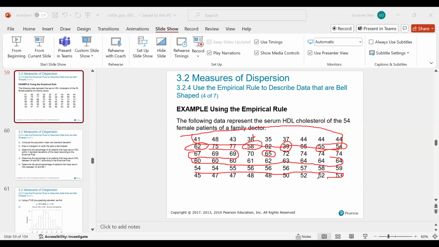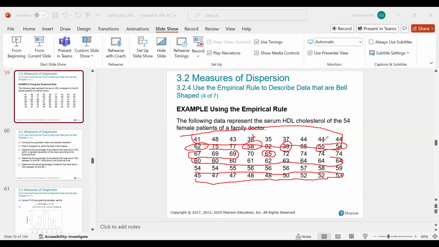And the last whole line as well is between 34 and 69.1. So in this line, 1, 2, 3, 4, 5, 6, 7, 8, 9, and 9 here, 18 values right there. And 9 here, 27, 27, 28, 29, 30, 31, 32, 33, 34, 35, 36, and then 9 more values right here.